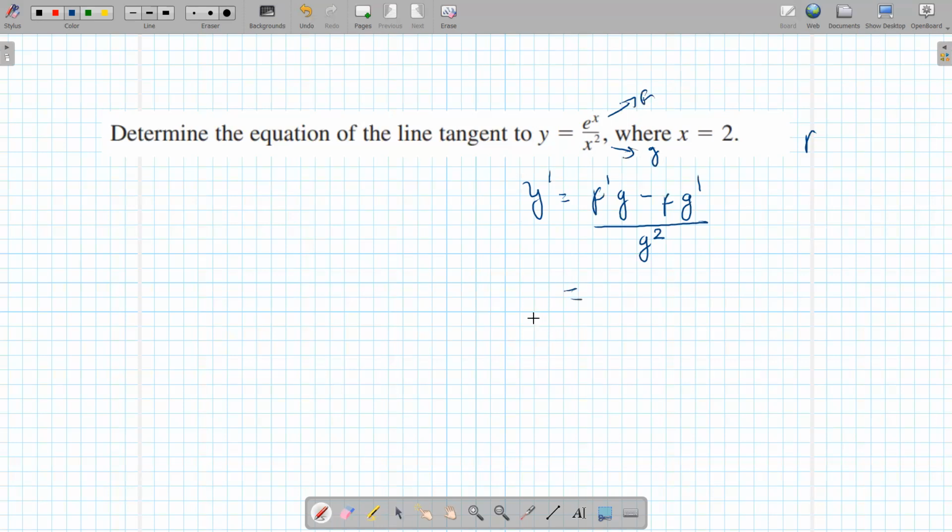So tell me, what's f prime? E to the power of x times x squared, minus e to the power of x times 2x. Yeah? All over what?